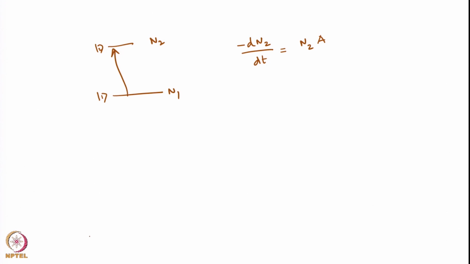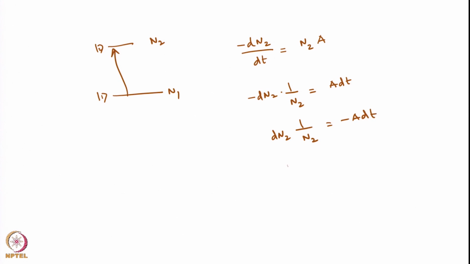Okay. Now, if I integrate this, minus dN2 over N2 is equal to A dt. So, you can take the other side, dN2 by N2 is equal to minus A dt.